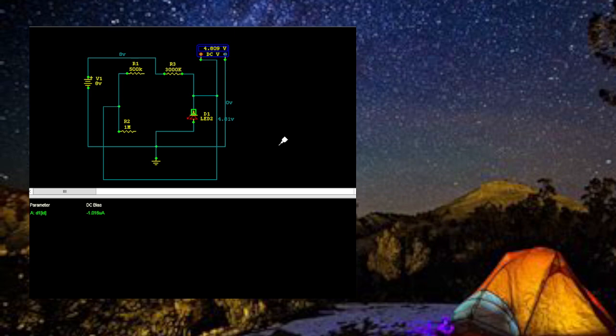So that's what it says. So here, if this is 4.809 volts, I've got 8.509. So let me go to my handy dandy calculator.